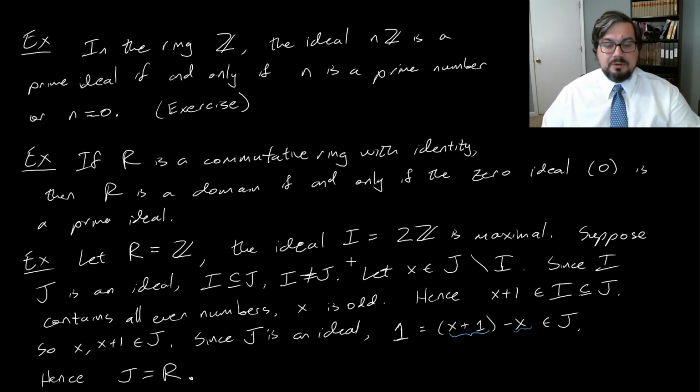So we've shown that if J is any ideal that properly contains I, then it has to be equal to the whole ring. And that is enough to show that I is maximal.